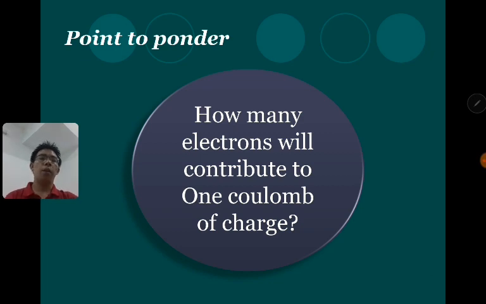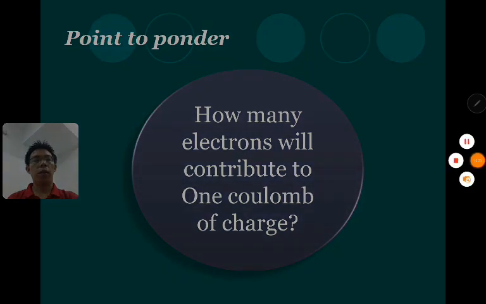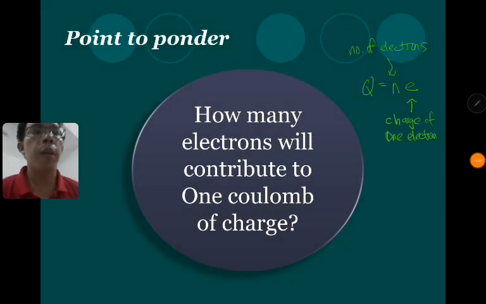Alright, then how many electrons will contribute to 1 coulomb of charge? Let's try to calculate and see. We have Q equals NE, where Q is the total charge of 1 coulomb, N is the number of electrons, as I've written here, and E is the charge of 1 electron.